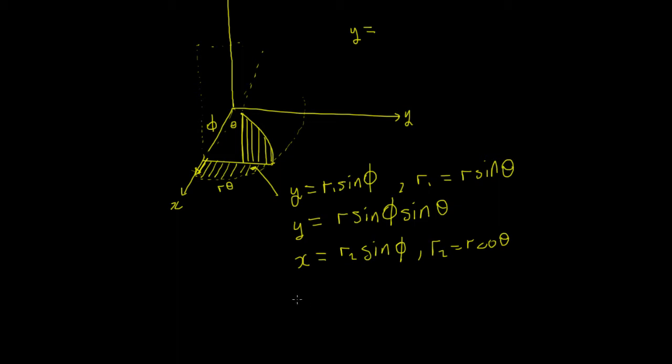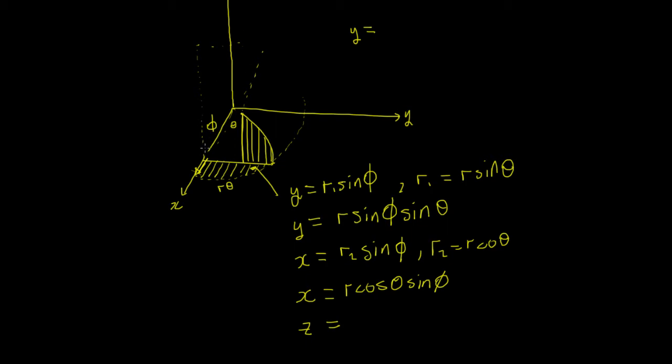So you could write then x equals r cos theta sine of phi, and then you could say z. Now z is the height up. Well, z is just going to be the cos of this angle here. Remember, this is in the z plane.